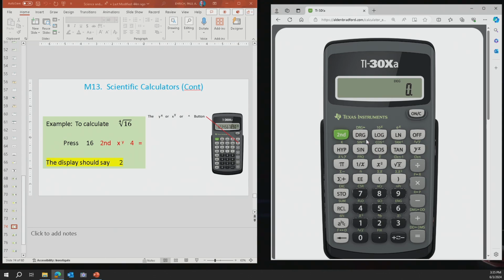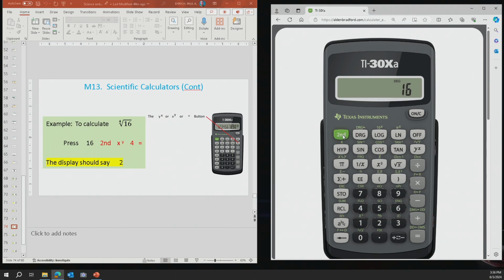So we're going to clear the calculator. We're going to press 16. Now notice that we need to find the root. So if you go over here to this button, do not press Y to the X, because then that would be raising it, and we want to find the root. Notice that right above it is the root function, so we need to press the second function key.